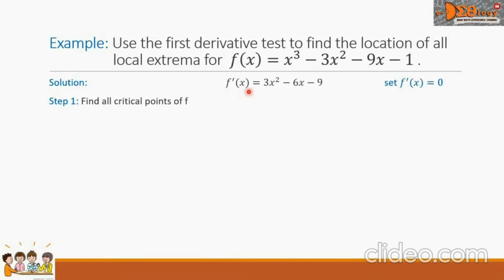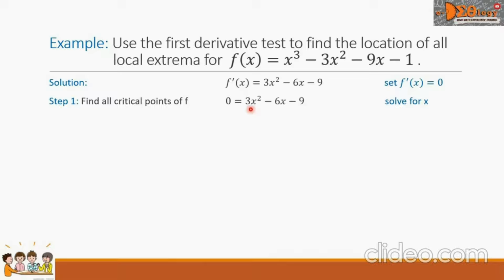So we will change the left side into 0. So we have now 0 equals all the members of the right side. Then let us solve for x. Observe that the right side has a common factor, and that is the number 3.